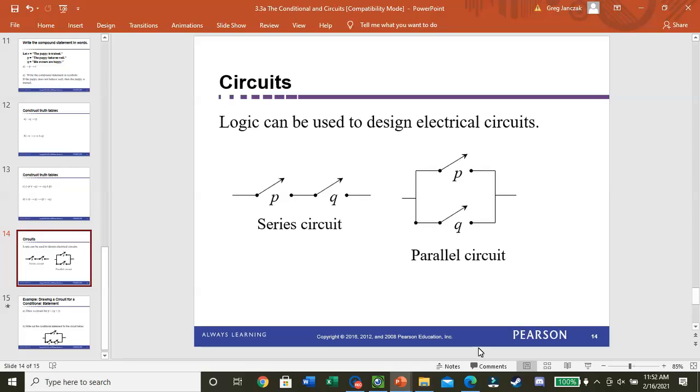Parallel circuits, that's the same as or, because you only need one or the other closed in order for the light to light.